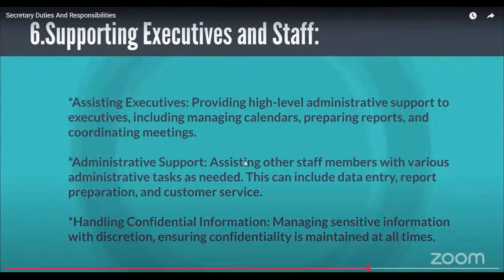Now, again, all these points we have already covered, as I told you earlier, and I wanted to reinforce these duties and responsibilities before we move on towards how you will be practically doing it. So these points are the same. Assisting executives: executives are the people who are the support for the administrative tasks. So why will the person be maintaining their calendars?